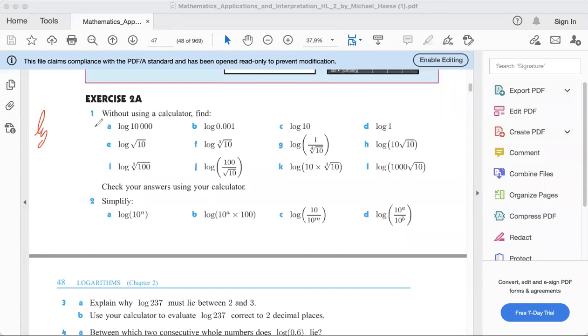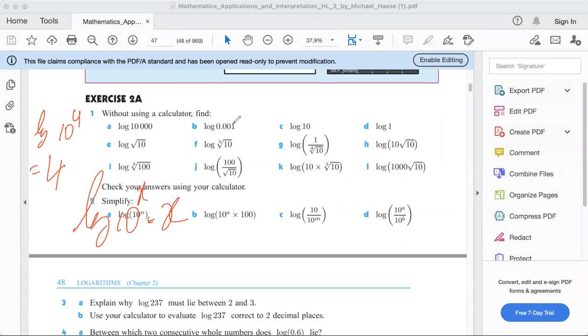So I can write logarithm base 10 of 10,000. That is 10 power 4, so the result is 4. Why? Because logarithm base 10 of 10 power x equals x. When we convert it to the power, the x value is 4. So logarithm base 10 of 10,000 is 4.